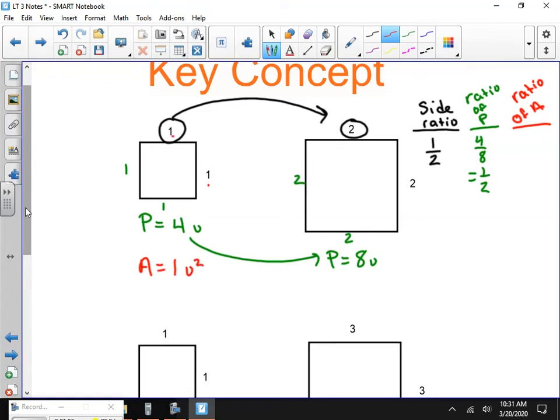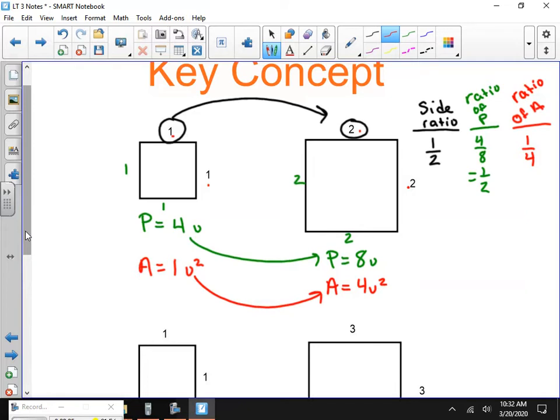And over here, I have 2 times 2, which is 4 units squared. Again, going from this shape to that one, it's 1 over 4. So we're going to go through a couple examples, writing the ratios of the sides, the perimeter, and the area. When we're all done, we're going to take a look at all that data we collected off to the right side and see if there's a relationship somewhere.